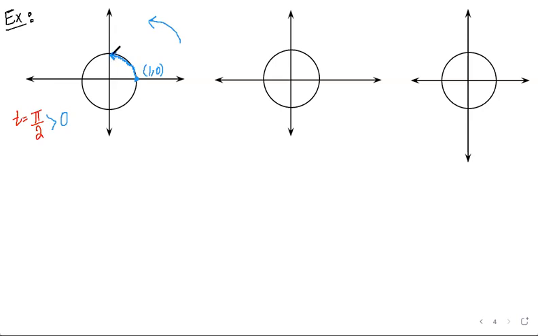I stop here. Now this point, let me put it in a different color. This point here is called my terminal point. And the point here is 0 and 1. So my terminal point for t equal to pi over 2 is 0 and 1.